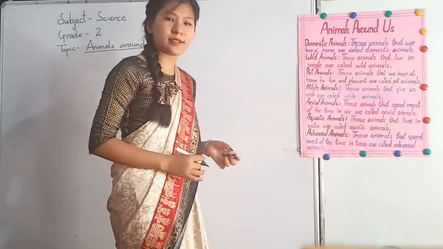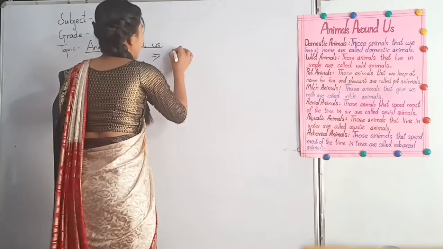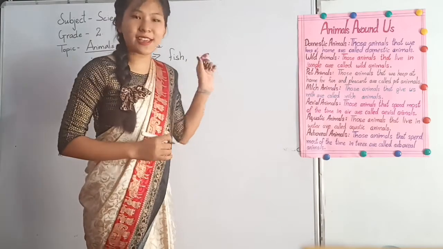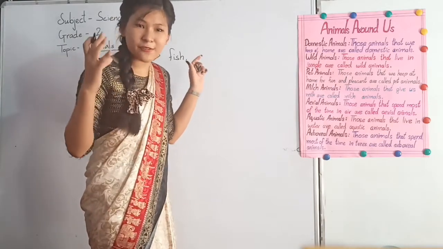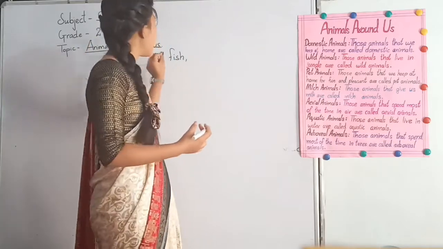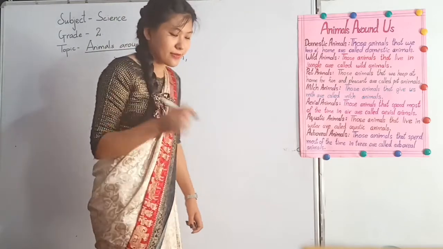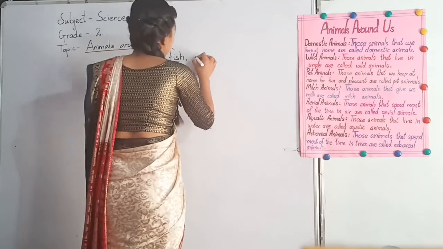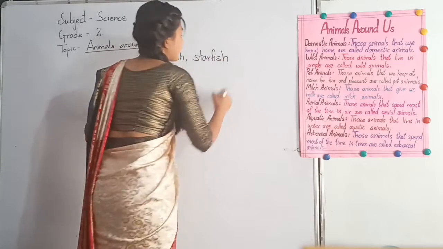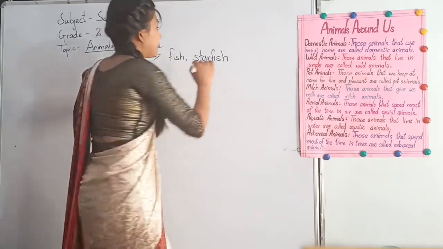What do we see in the water? Which animals live in water? Like fish is an aquatic animal. We see fish in the water. Very good. So fish is an aquatic animal or water animal. Now next example. Starfish is also an example of aquatic animal.